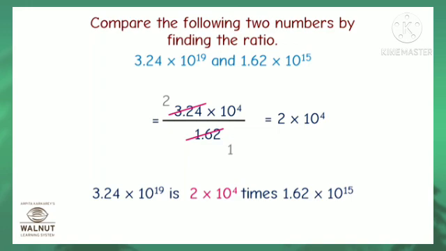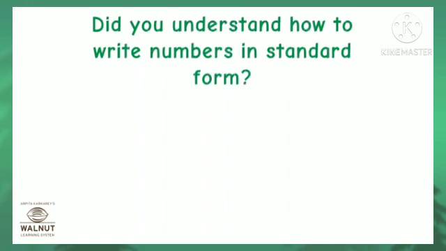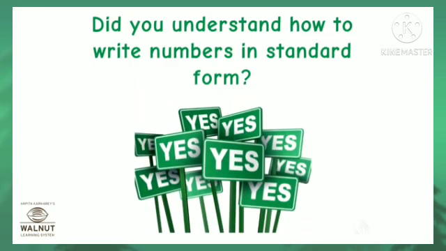Hence, 3.24 into 10 raised to 19 is 2 into 10 raised to 4 times 1.62 into 10 raised to 15. Did you understand how to write numbers in standard form? Yes!